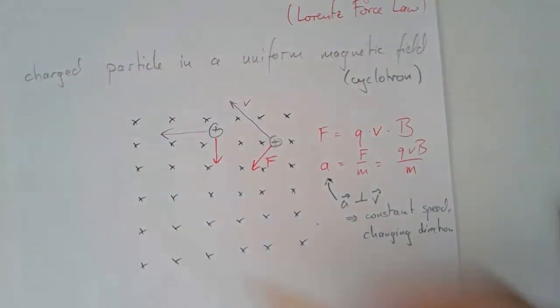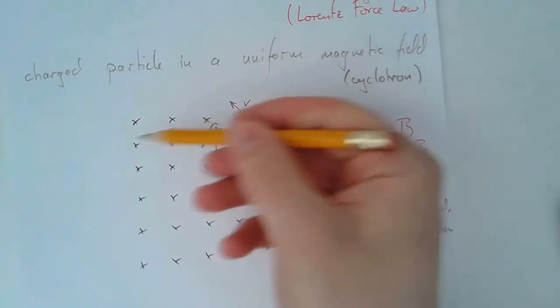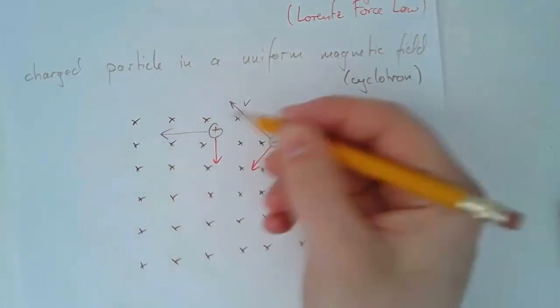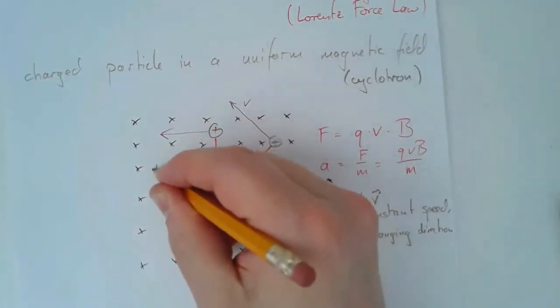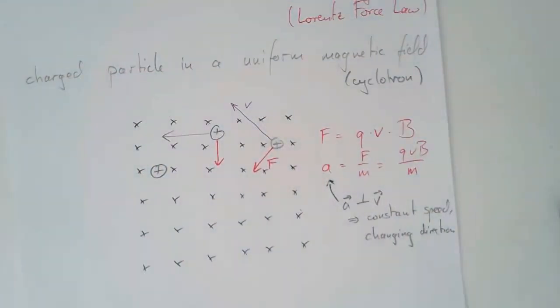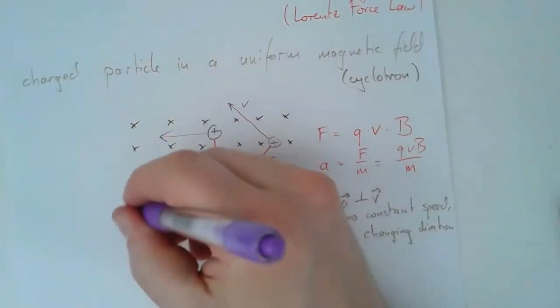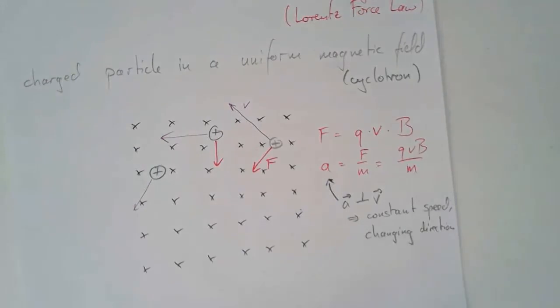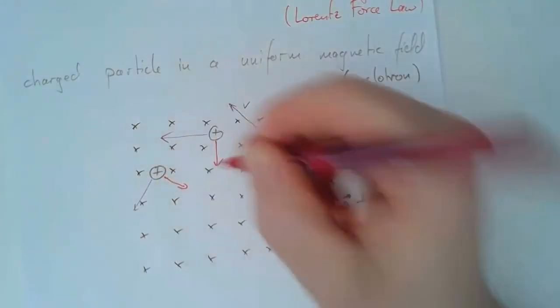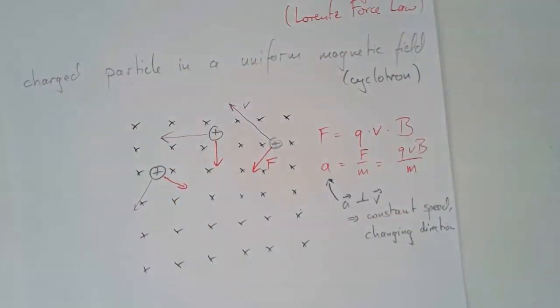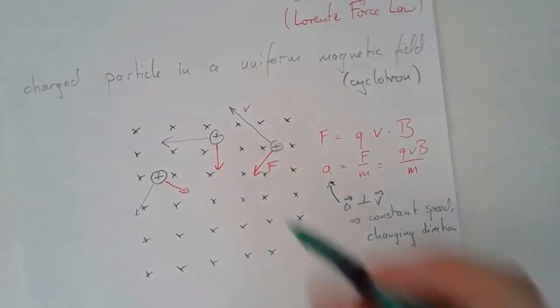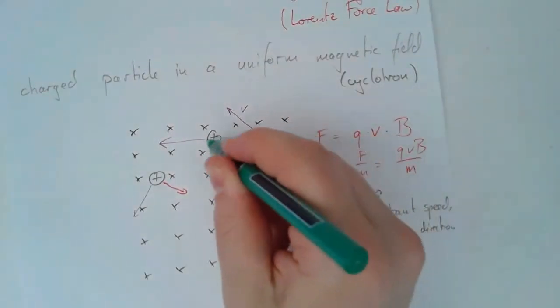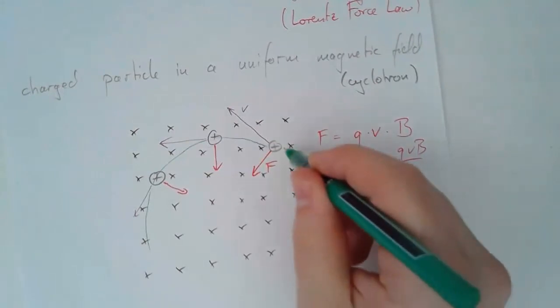So that means it's going to have an acceleration down and the velocity to the right. So you're going to find it a little bit later, maybe somewhere over here. Now here it might be going this direction, so its force would be in this direction. Now you can see what's going to happen. The path that this particle is going to follow is going to be a circle.